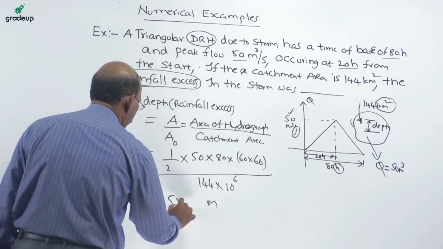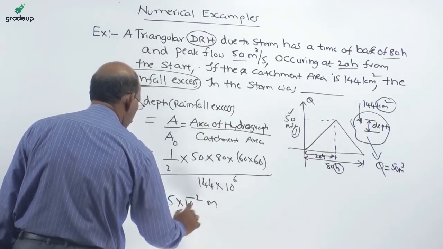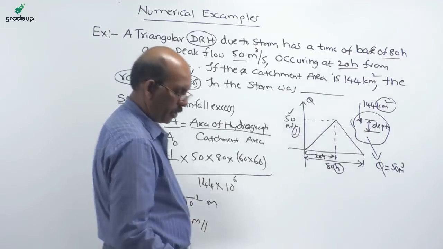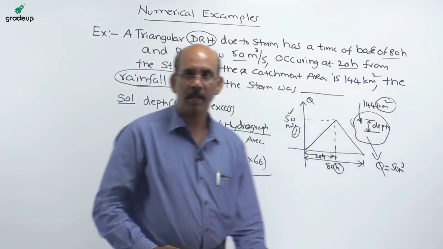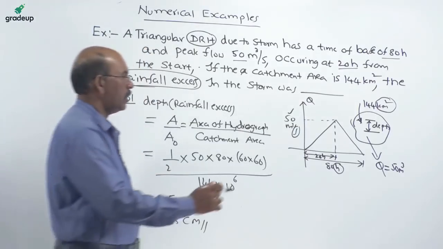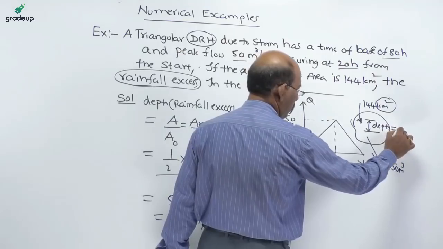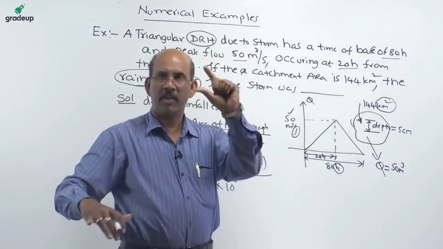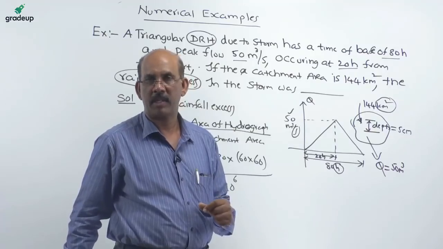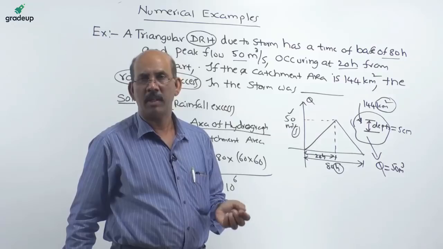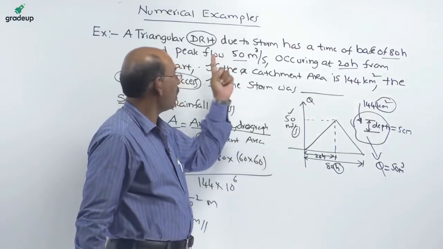This you will get as 5 into 10 power minus 2 meter, or 5 centimeters. So, now you can see the answer is 5 centimeter. The depth of flow here is, so water is moving over the catchment with a depth of 5 centimeters. So, this particular one is just the calculated DRH.